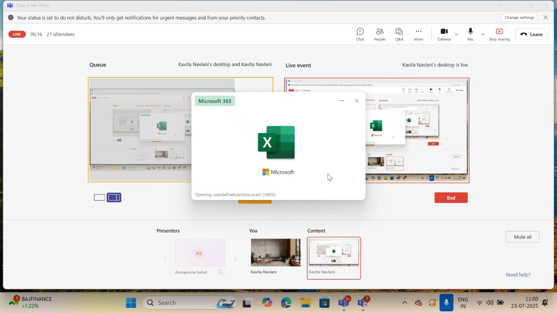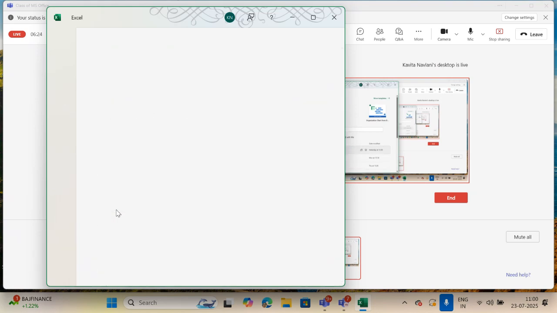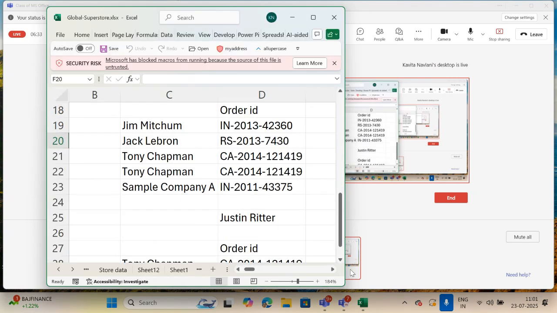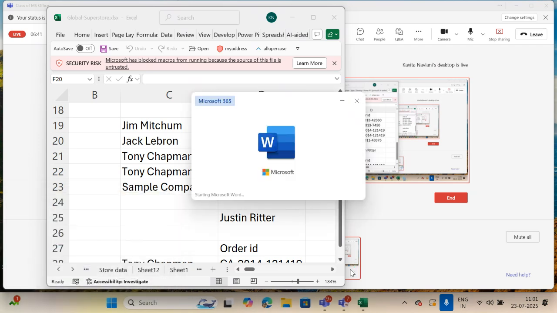Okay, so we completed almost all the important categories: maths and statistical categories, then text category, then date category. Yesterday we completed one very important category, that is the lookup and reference category.